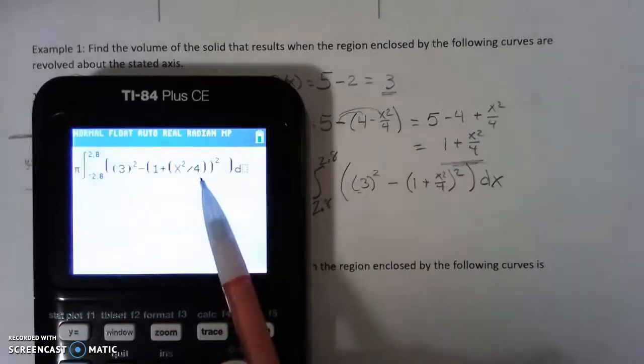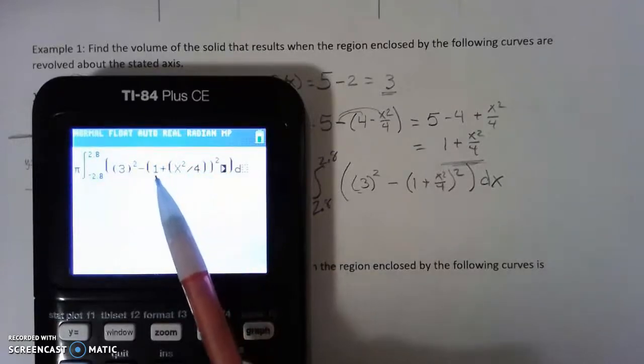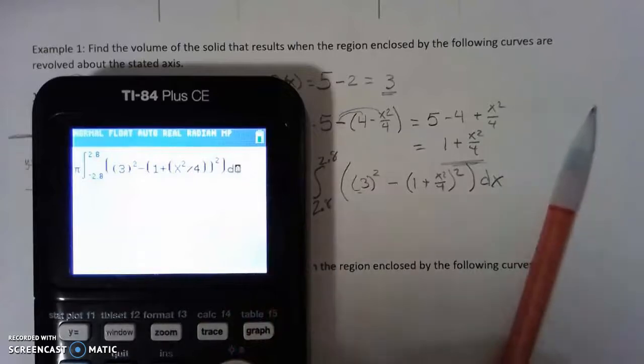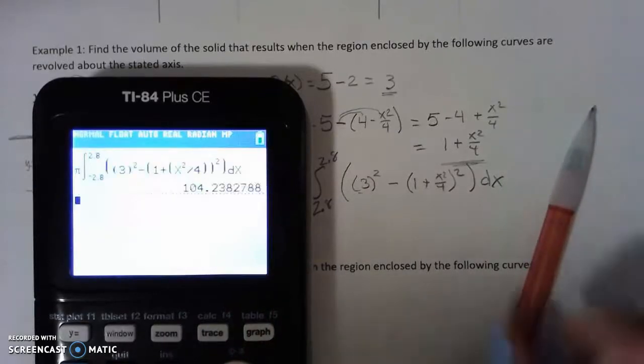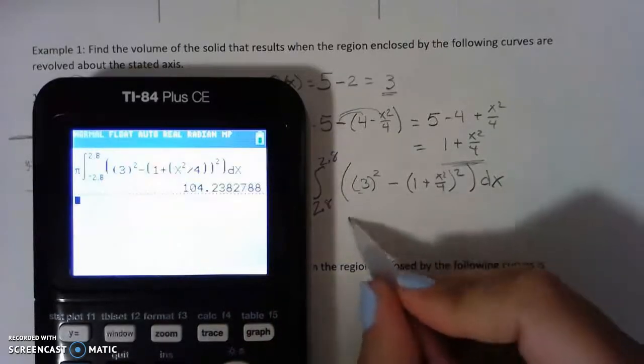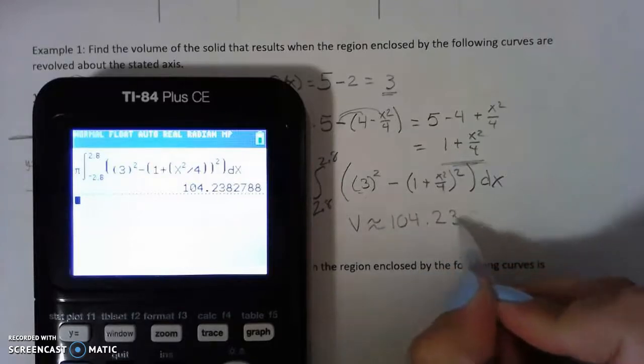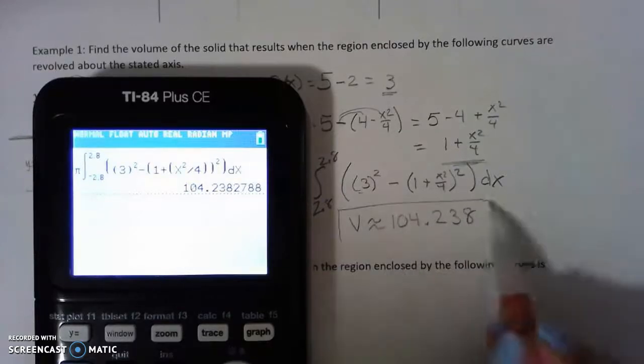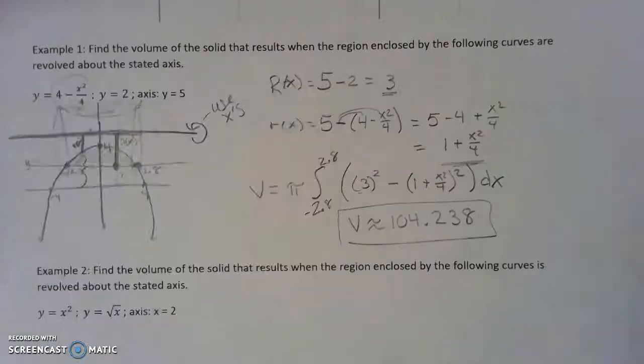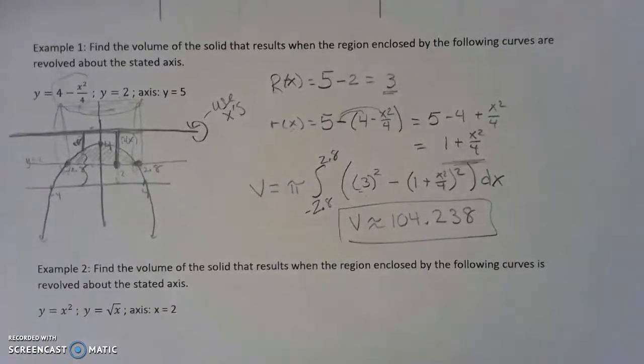Make sure you got that. Because this first parenthesis is for this fraction that I typed in. That second parenthesis is for this whole piece that we're squaring. Then with respect to x, and we're going to get that the volume is approximately 104.238. Okay. All right. I'm going to pause here because I have a feeling that the next problem is going to take me a little bit longer. So I'll jump to the next video.